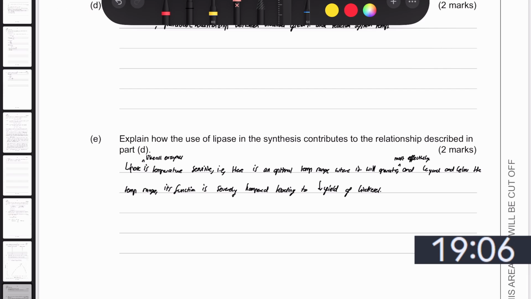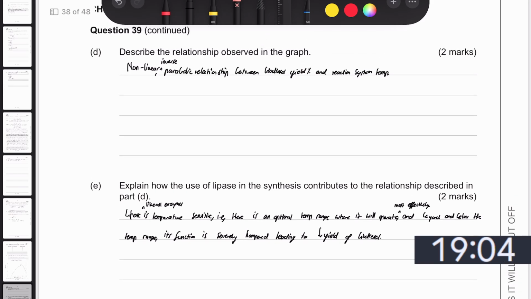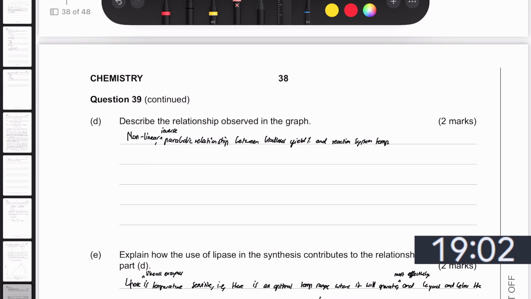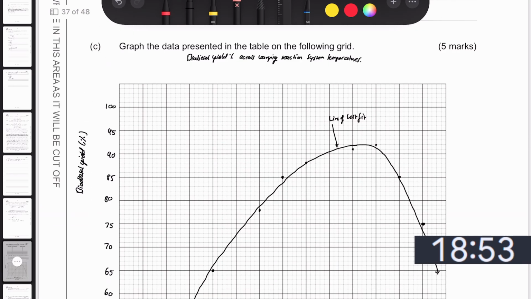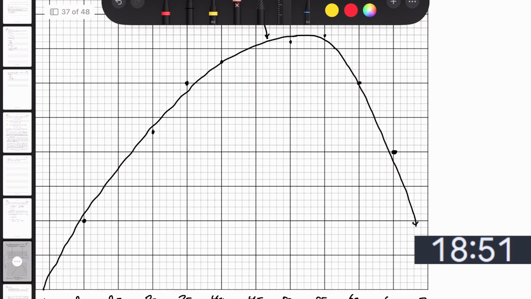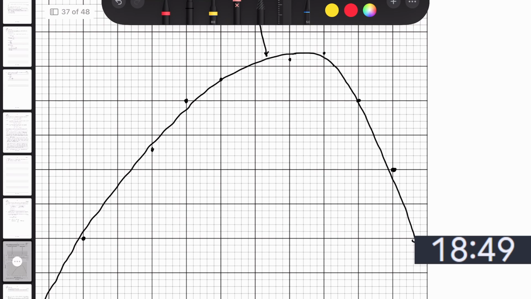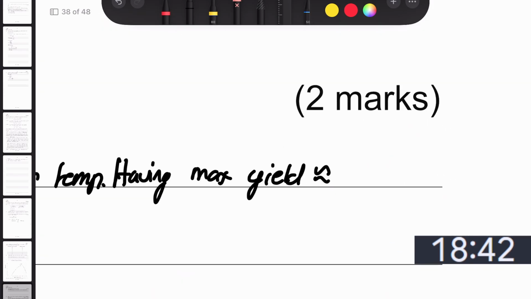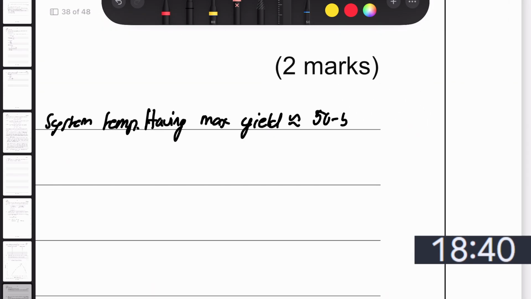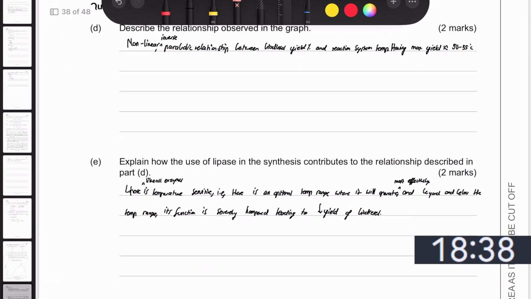An optimal temp range, max yield at around, what is that, like 45 to 55, around 50 to 55 degrees Celsius.